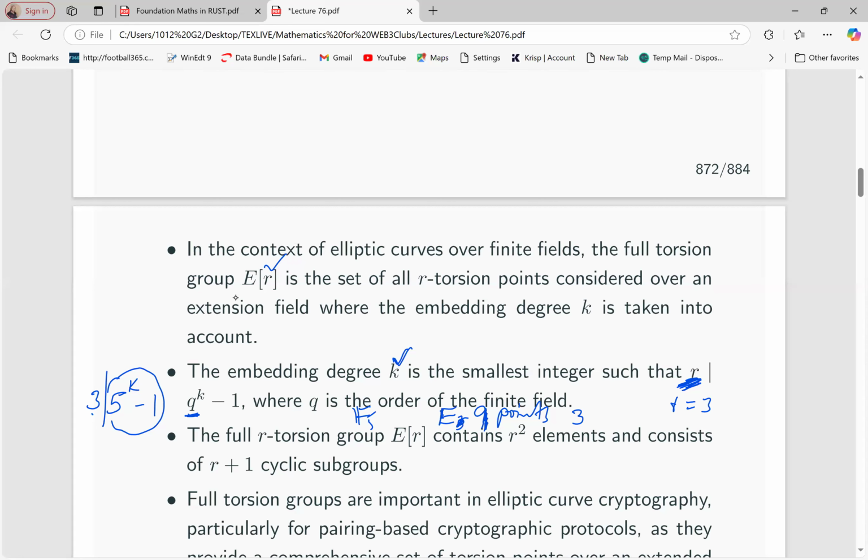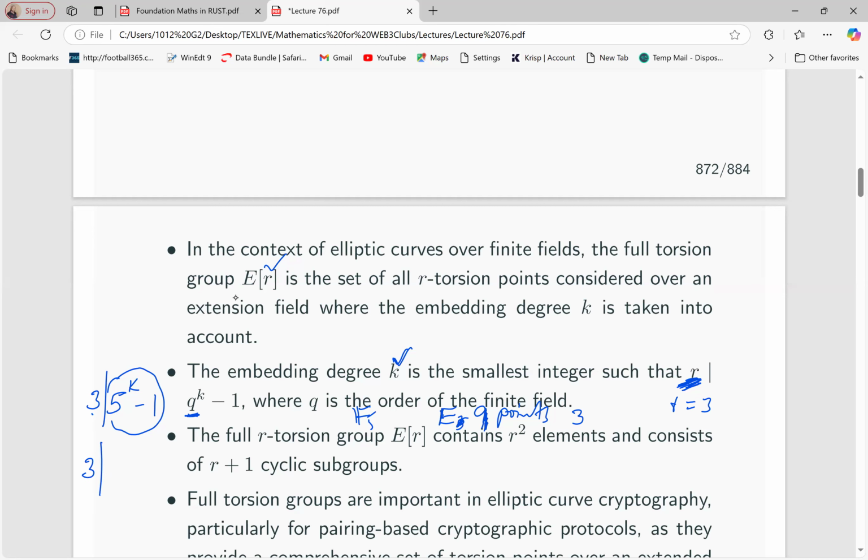For instance, what was our answer here? I'm just trying to recall the example we did. I think it was 2.